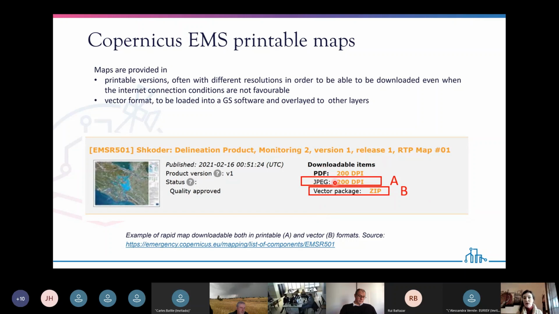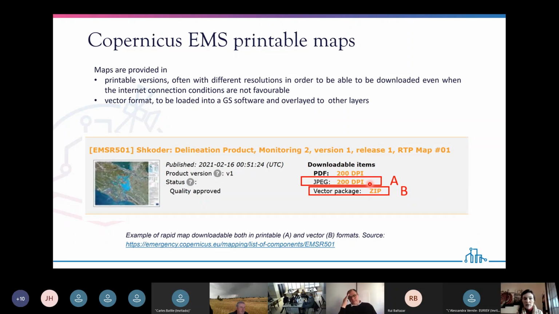Here you see only 200 dpi, but usually the printable maps are provided in different resolutions, also 100 dpi and 300 dpi, for example, because it could be that the conditions during an emergency do not allow downloading very large files. It could happen in developing countries, but not only.